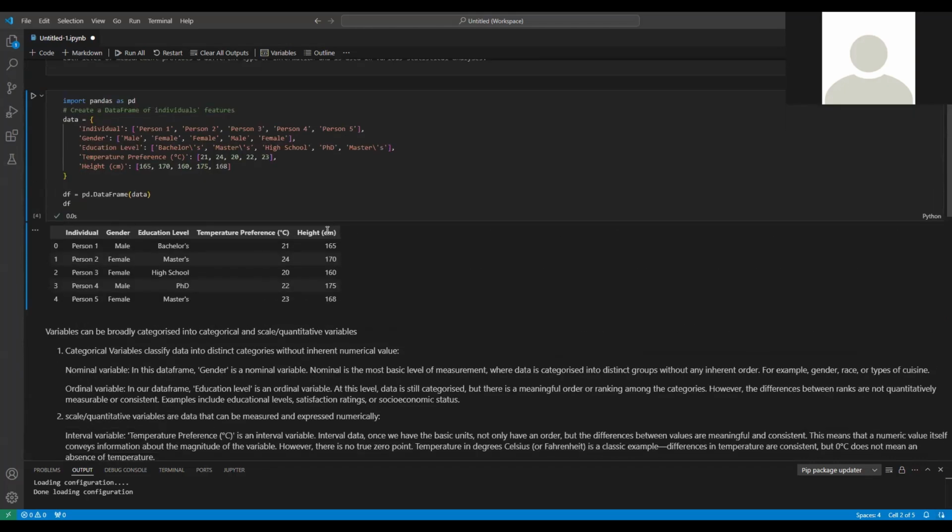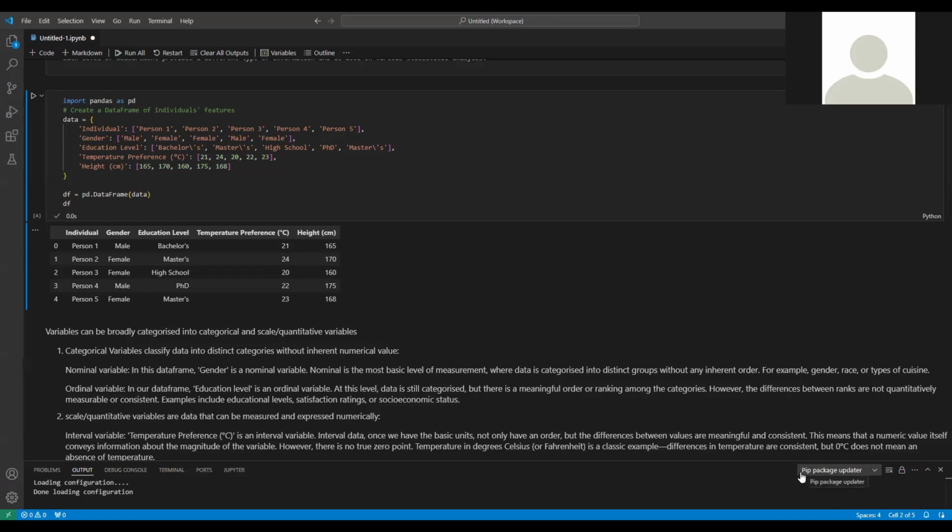Let me show you an example here. Temperature, as we just discussed, can be read as an interval variable, a scale variable. However, you see the values 21, 24, 20, 32 here. You could also treat 21, 24, 20 as different categories, right? So these numeric values, you could downgrade them into categories and treat preferred temperature as a categorical variable.